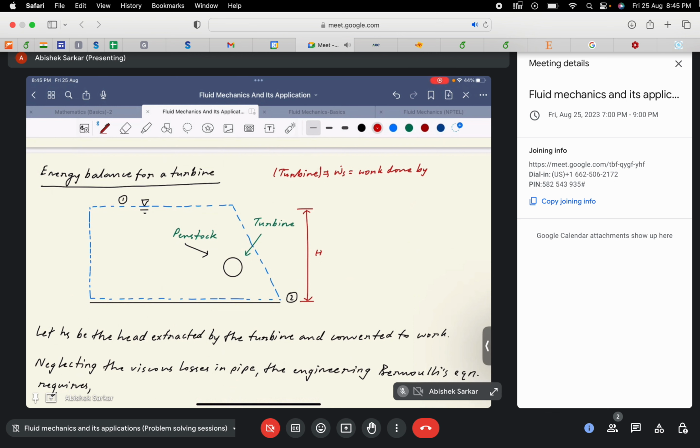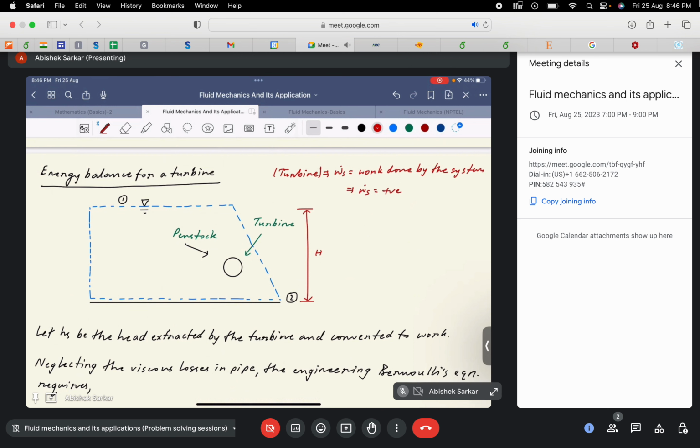So it is by that we produce electrical power. Since it is the liquid that does work by virtue of its potential energy, that's why it will be work done by the system. So this would imply W dot S is positive.